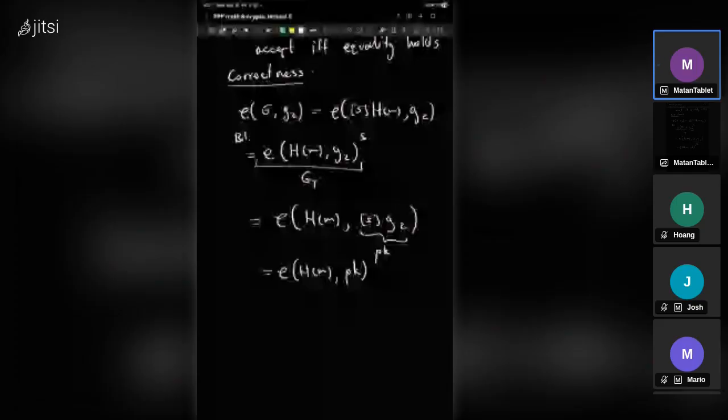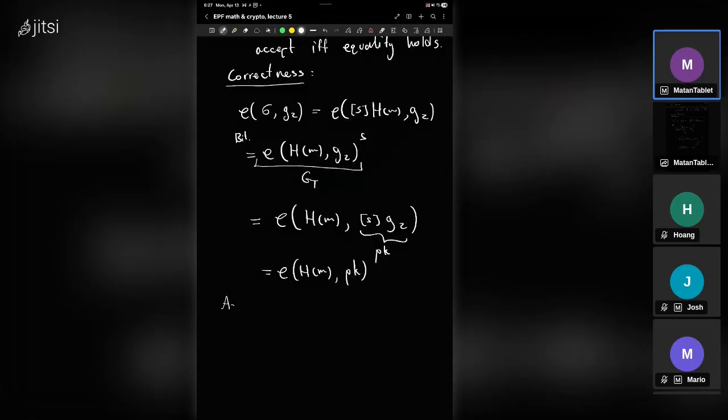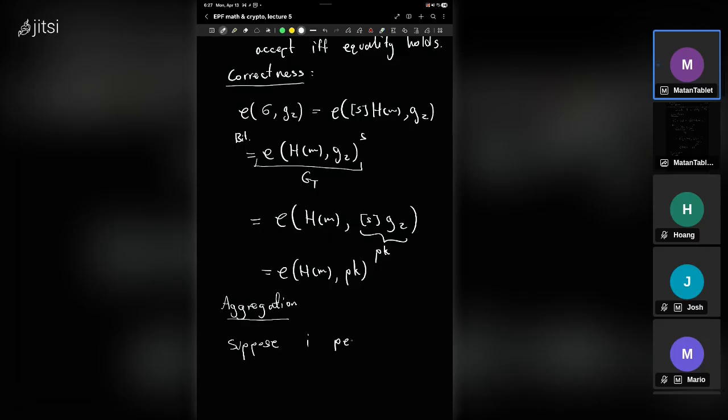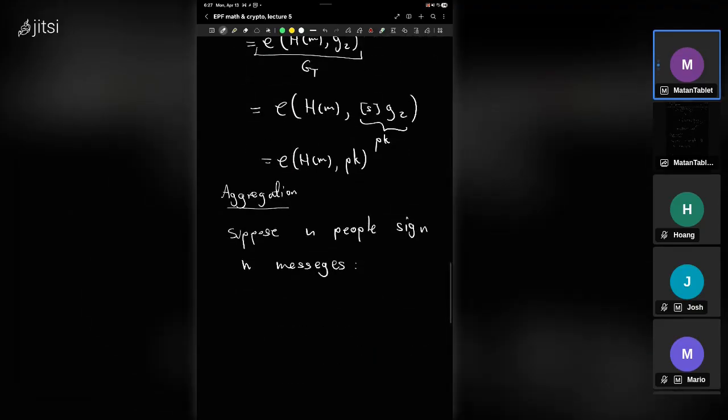What is the nice property? Suppose n people sign n messages. So I have a message i and the signature on message i.